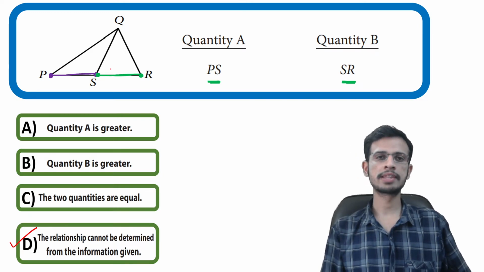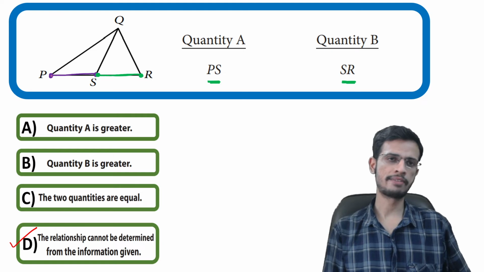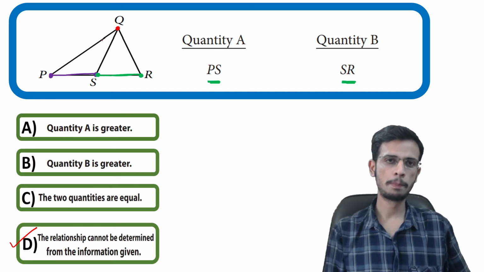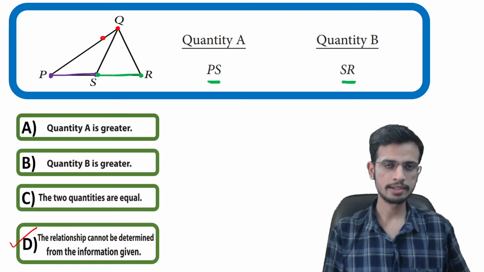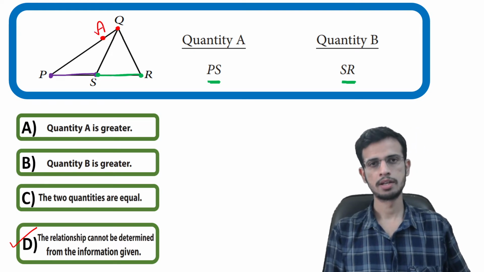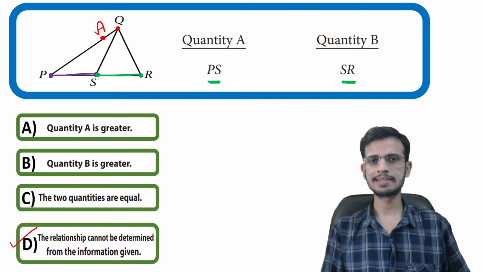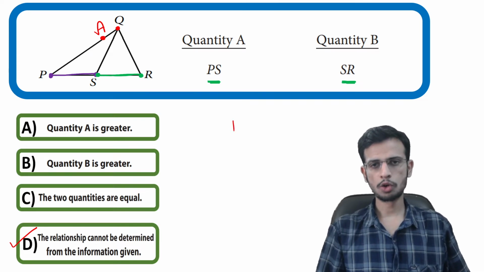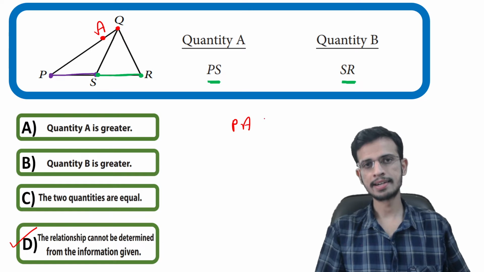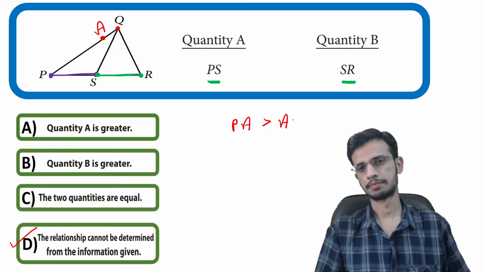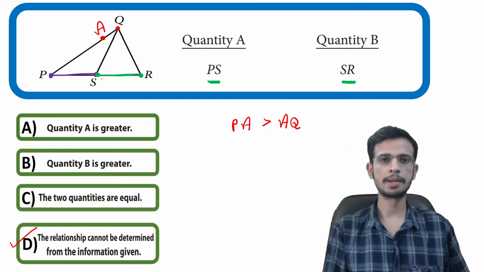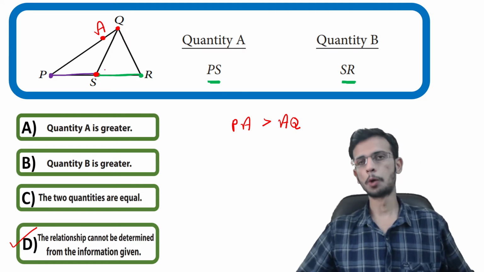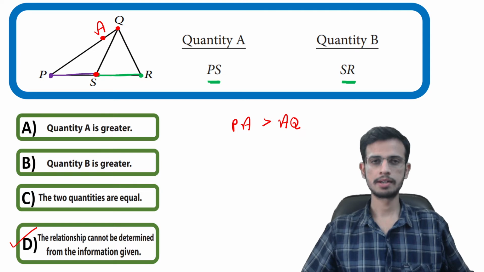If they give us like this, if I say this PQ portion is there and they have put one point A, then in this case, by seeing the diagram, we can say that the length of PA is greater than the length of AQ. We can say that, but in this case, we'll choose option D.